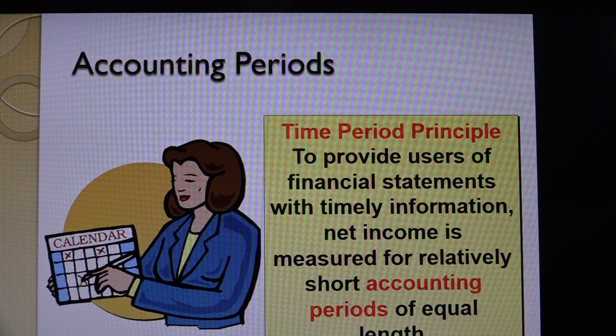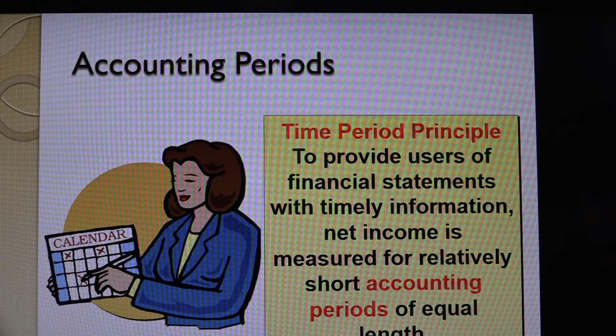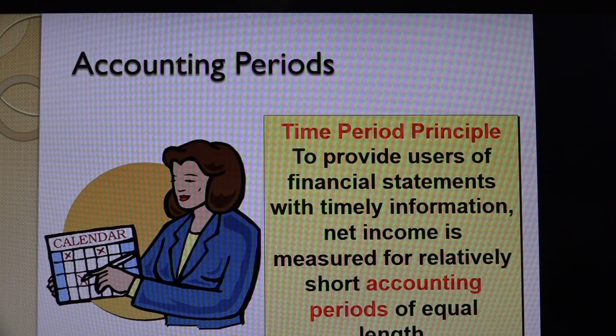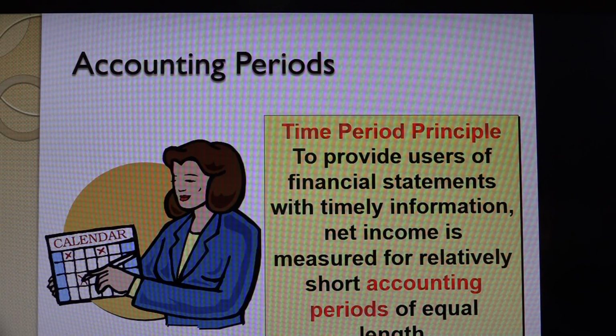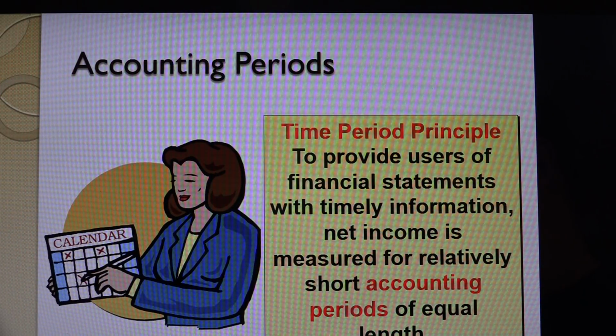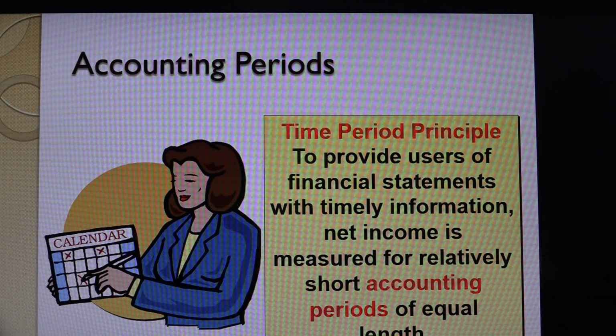And so that gets to the point that we have this time period principle to provide users of financial statements with timely information. Net income is measured for a relatively short accounting period of equal length. Usually 1 year, but certainly internally, you would probably want to do monthly financial statements.